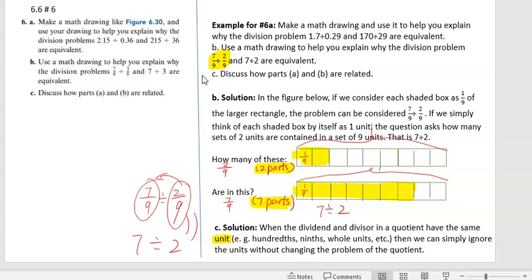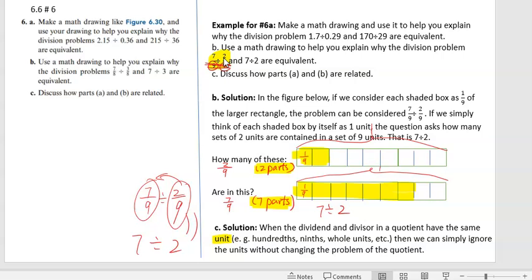For decimals, that would be the tenths, hundredths. If they have the same units, then we can simply ignore the units without changing the problem of the quotient. For fractions, because both of them have the same unit, 1/9, we can just ignore it and do 7 divided by 2.